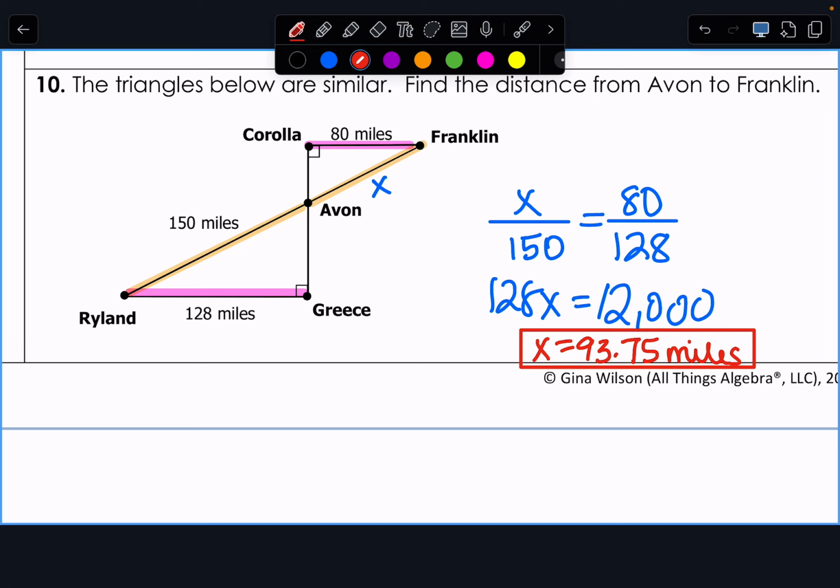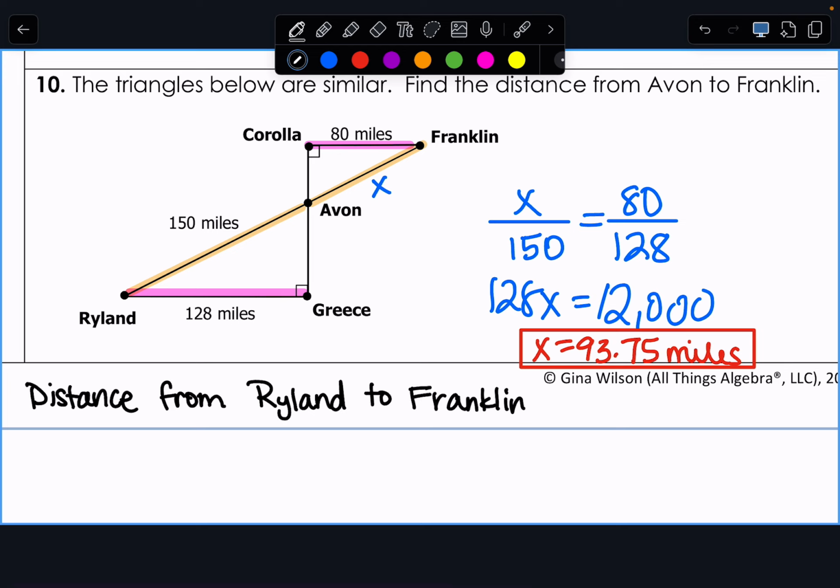Now, let's say, just for the heck of it, I asked you what the distance was from Ryland to Franklin. So here's Ryland, and here's Franklin.